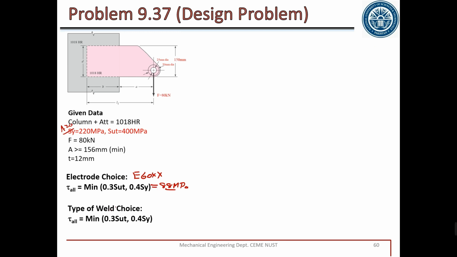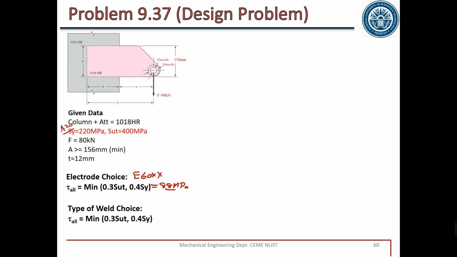Then the third thing is the type of weld that we can use here. Depending on the figure of merit, in table 9-1, case 2 and case 5 both can be used.